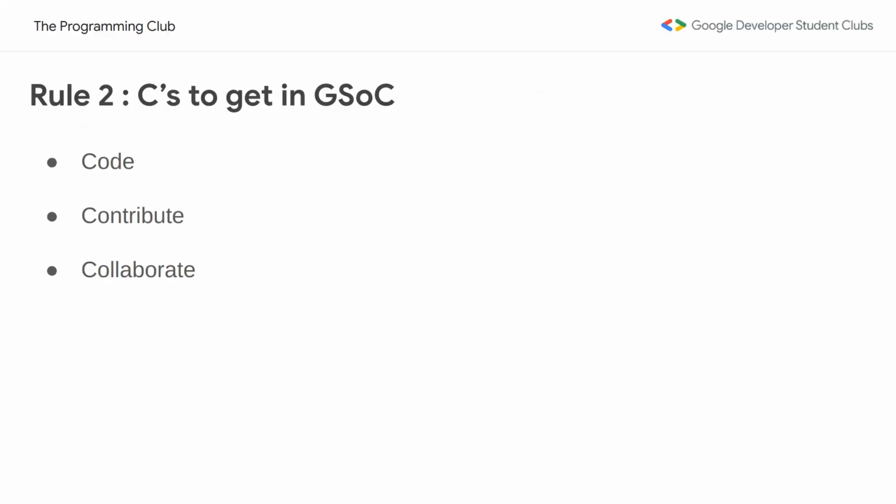Second part is contribute. Before directly aiming for GSoC projects, it is really important that you contribute to some other open source projects, which may or may not be part of GSoC. Some organizations come with their projects in other open source events, not GSoC, but they are still great organizations. You cannot judge an organization as good or bad on the basis of GSoC selection.